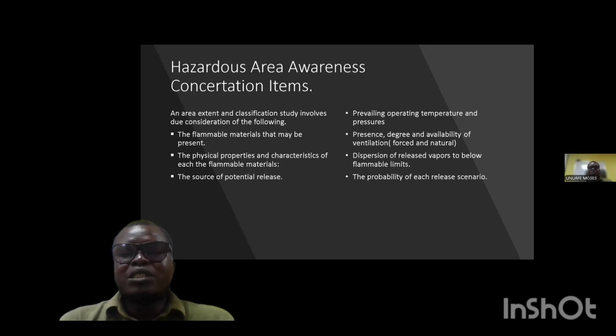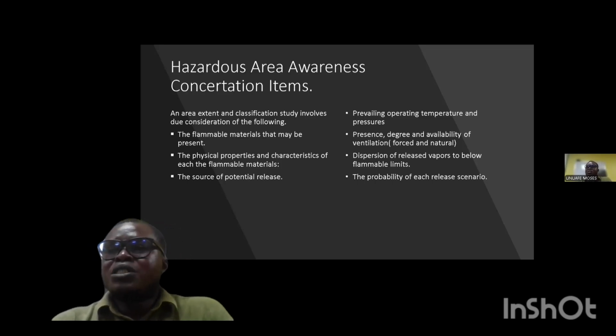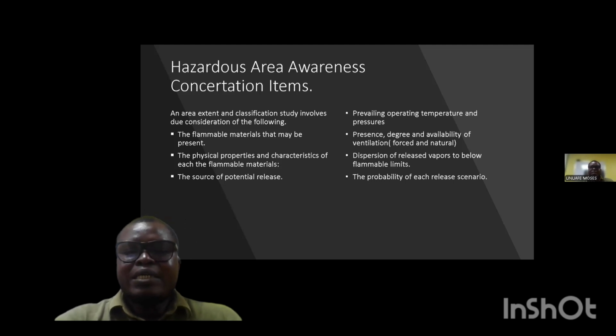Another point to note is the presence and degree of release, and the availability of ventilation. What it means is that these two keywords, the presence of degree and the availability of ventilation, are factors of hazardous area classification.